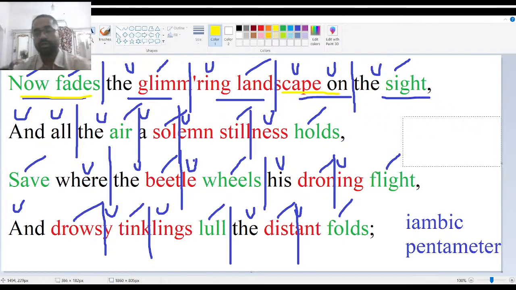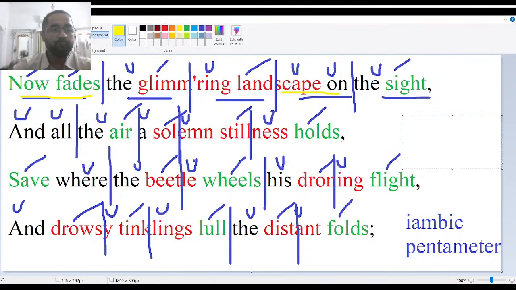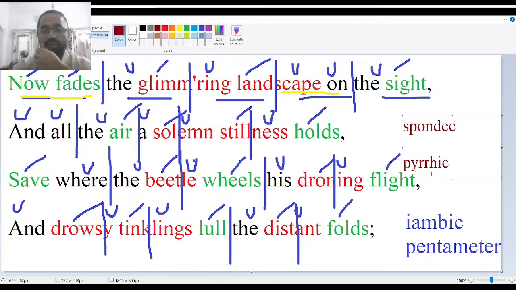I'll type it here again for you. So the first foot is a spondee. Let's use a different color. A spondee, and the fourth foot is a pyrrhic, right?